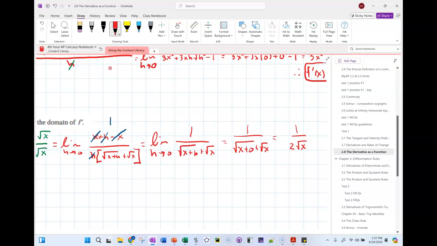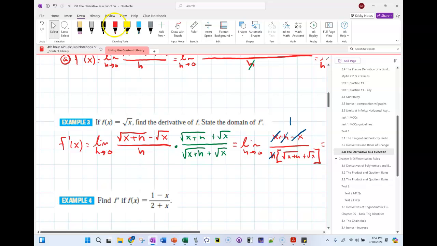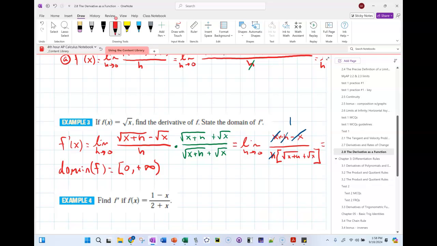Now, what was the domain of f? The domain for f is including 0, right? Because I can take the square root of 0. What's the square root of 0? 0. What's the domain for f prime? Right? Can't do 0.